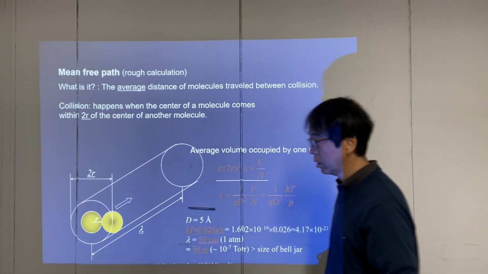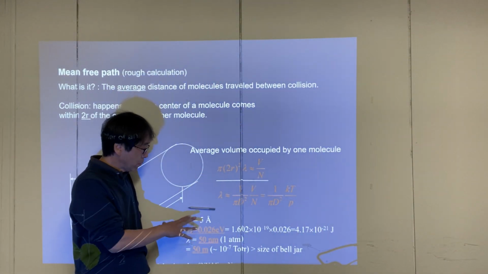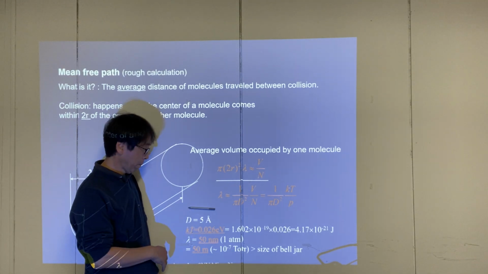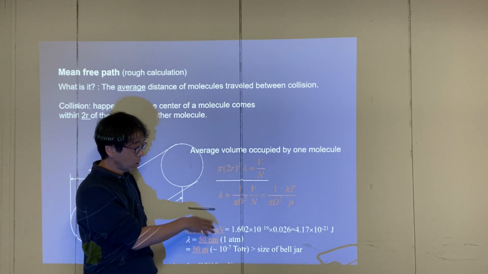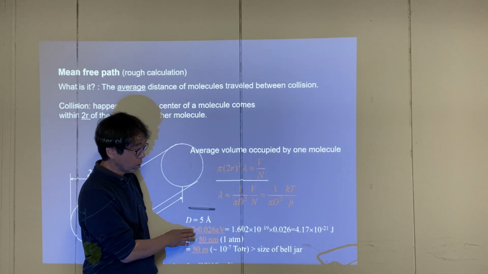So think about a typical atom, which is probably half a nanometer, so 5 angstroms. And kT is the temperature value. At room temperature, you have this kind of number.